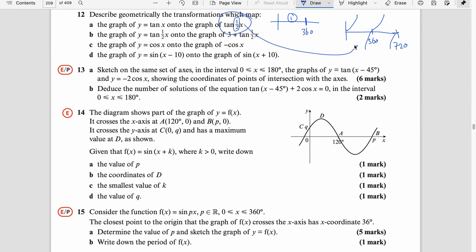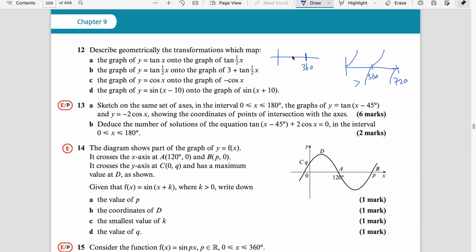Tan half x will look like this, and tan x will give you one complete graph in 360. This is the difference. So what is actually happening? May I say that moving from tan x to tan half x, the graph has stretched horizontally with a scale factor of 2? Would you agree?